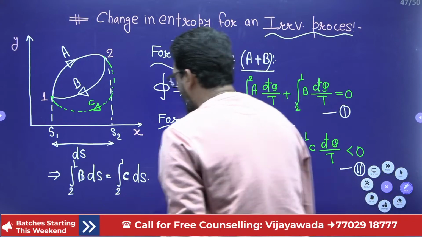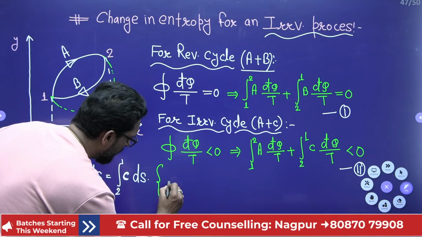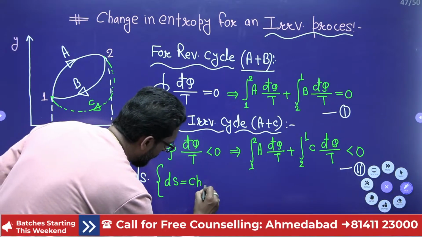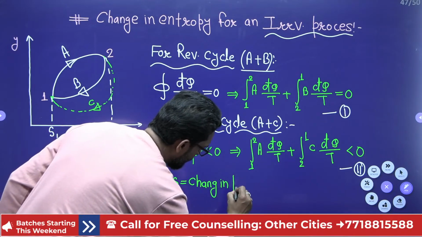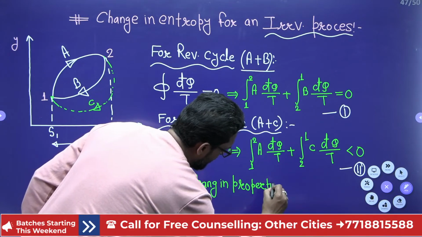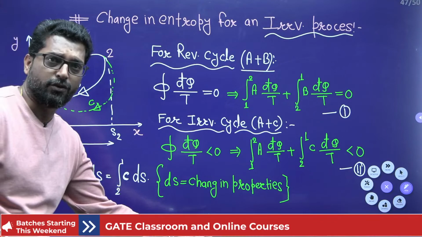Why? Because this ds is the entropy, so ds is equal to change in property, and change in property is applicable for any process.